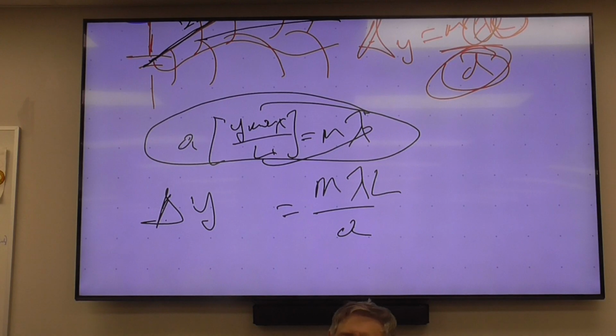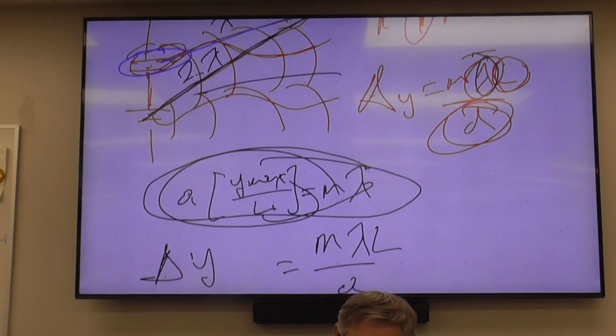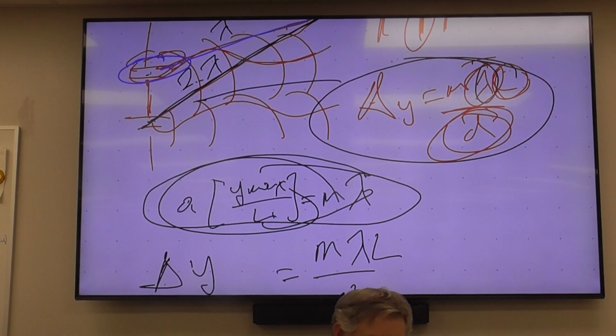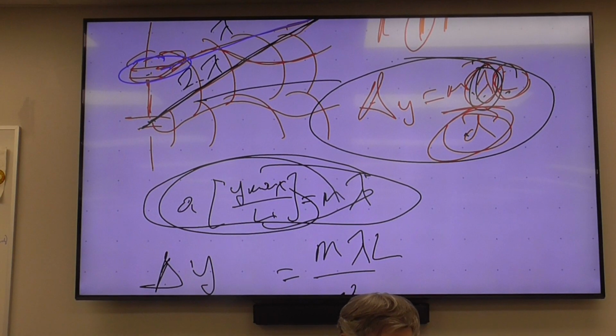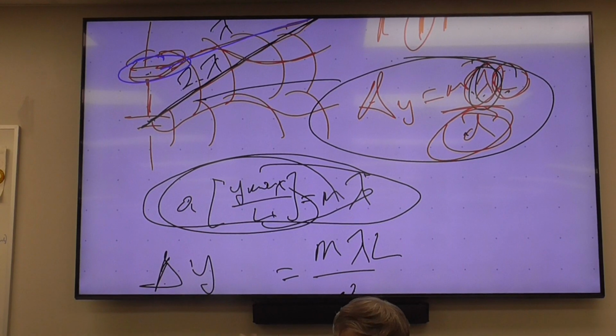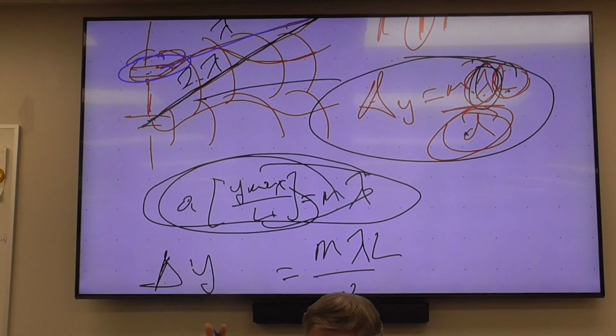I don't know. So this is functionally this equation. And here's what I want you to get out of that: typically it's your wavelength that gets changed, and that changes the distance between the relative maximums that you either see or hear.